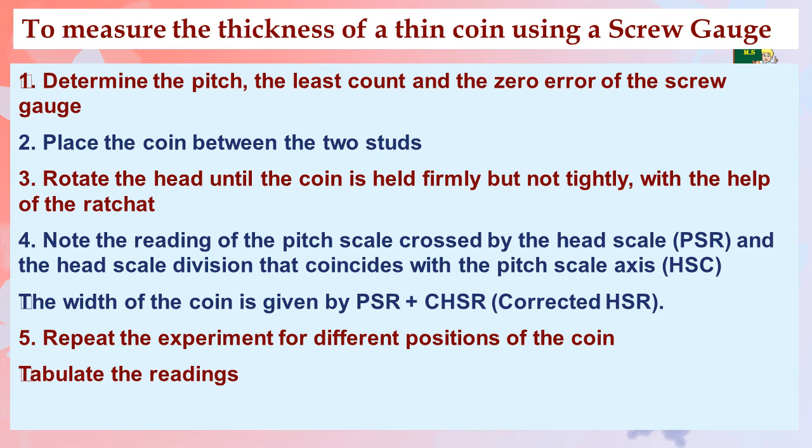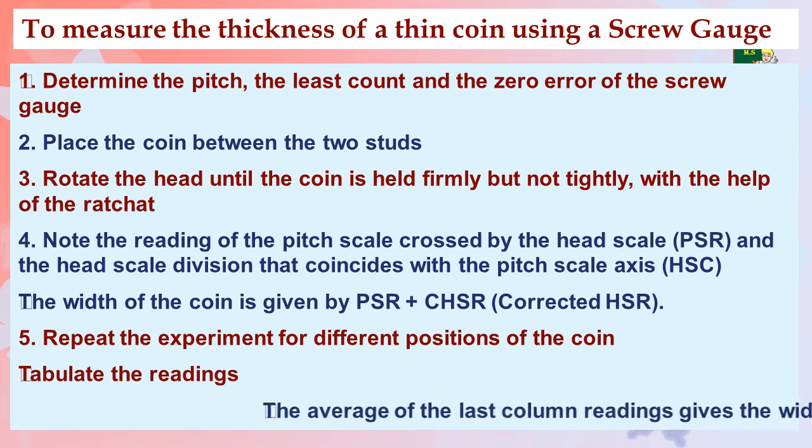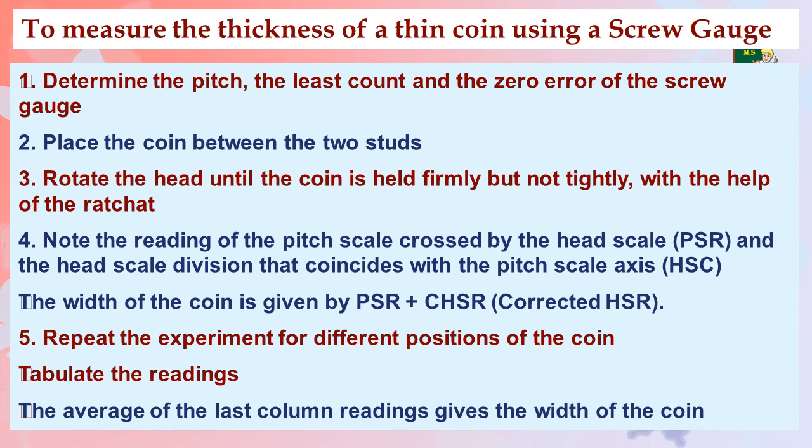And finally, repeat the experiment for different positions of the coin. Now tabulate the readings. Let me show how to tabulate the readings. The average of the last column readings gives the width of the coin.